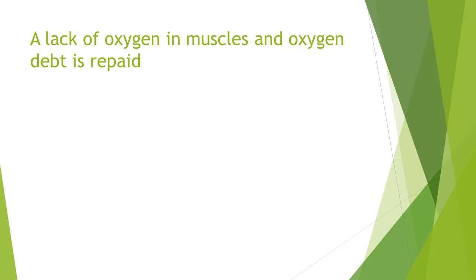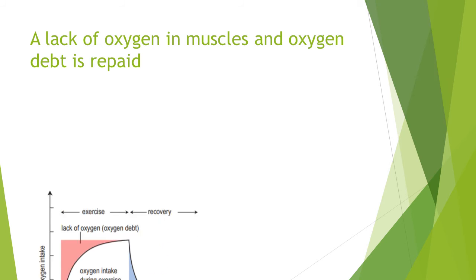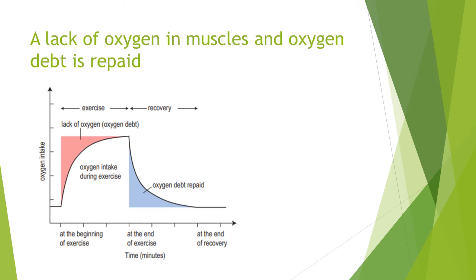Okay, a lack of oxygen in muscle, and oxygen debt is repaid. This diagram or graph shows how the oxygen debt is repaid. At the beginning of exercise, you can see the oxygen intake of your cell is more, but the oxygen intake from outside is less.